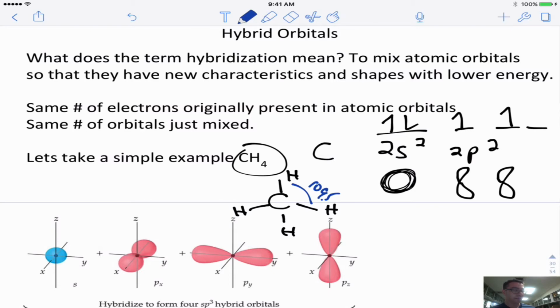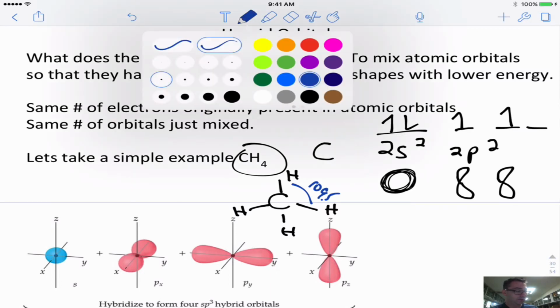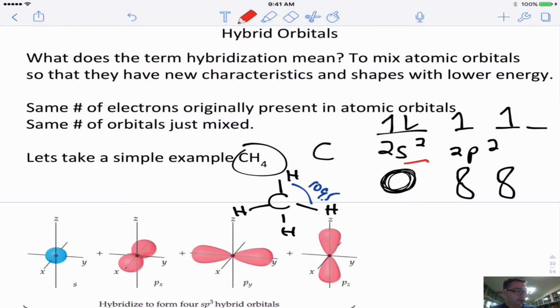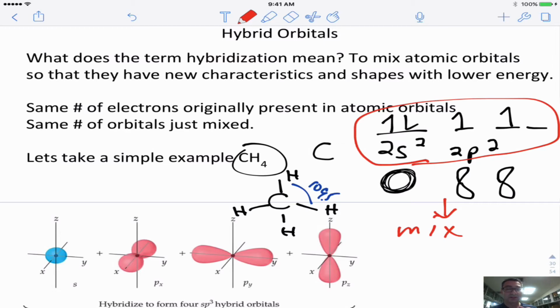Well, let's look. This carbon here, it needs to form 4 bonds. It has 4 domains. It's tetrahedral. So how does it do that? Well, what happens is the 4 orbitals, the 2s and the 3 2p, all mix together. What we form is 4 new orbitals. 1, 2, 3, 4.